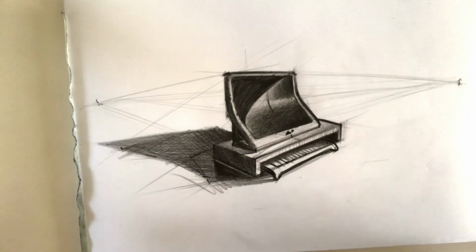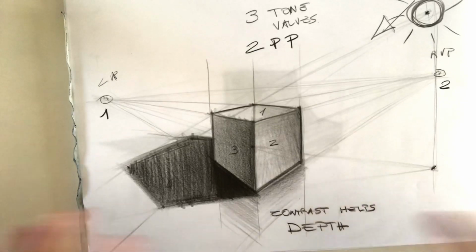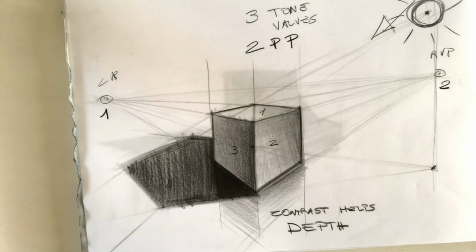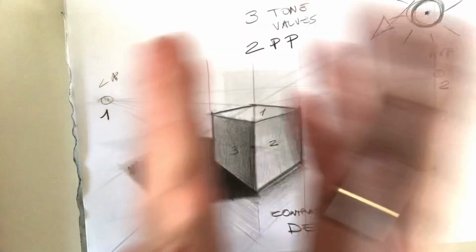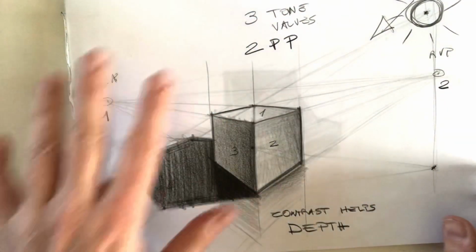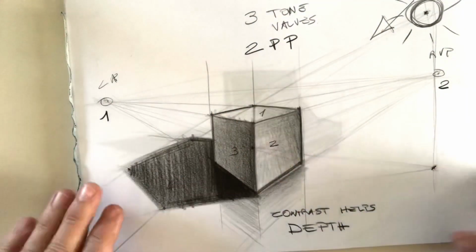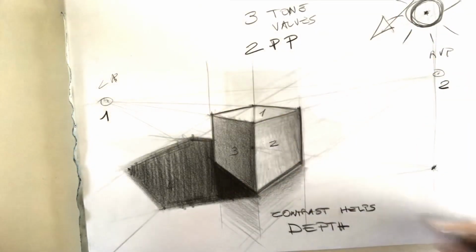You see? So now, this is an example of how we can start from a very simple cube, explaining how it works, the rules, the two-point perspective, the parallel lines, the 1, 2, 3, and 4 value tones for the surfaces, the contrast, the depth, the shading, okay?